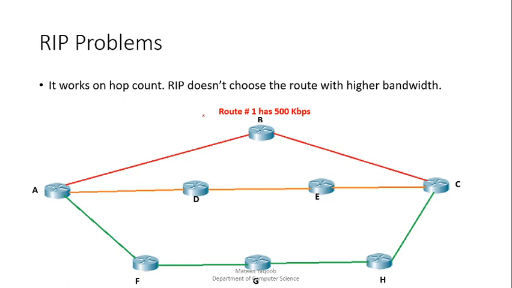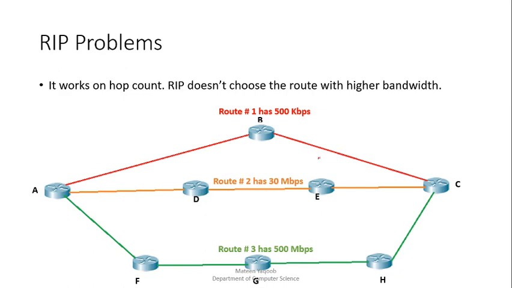Assume route 1 has a link bandwidth of around 500 kilobits per second, whereas route 2 has 30 megabits per second, and route 3 has 500 megabits per second. But RIP will not choose the link with the higher bandwidth, because RIP works on the minimum hop count. If you choose route 1 in RIP, route 1 will become congested very soon because of the higher number of packets coming into the network, and your route will become choked after some time.